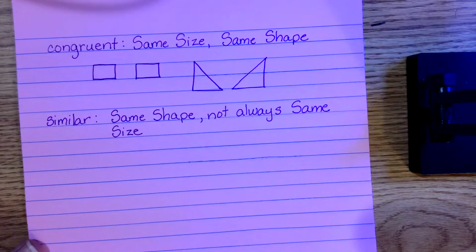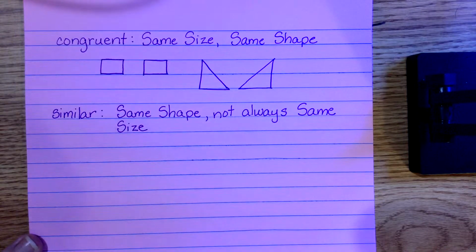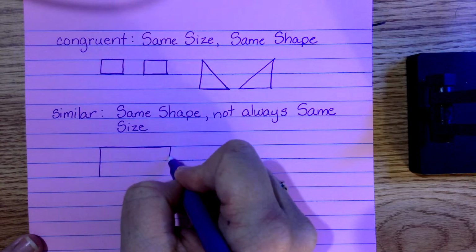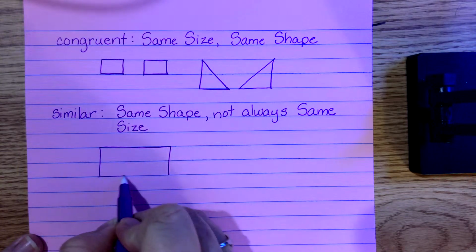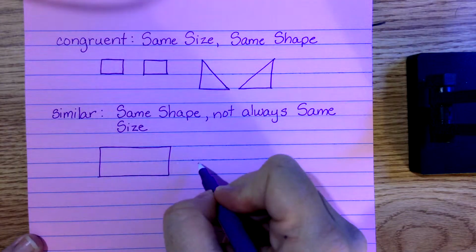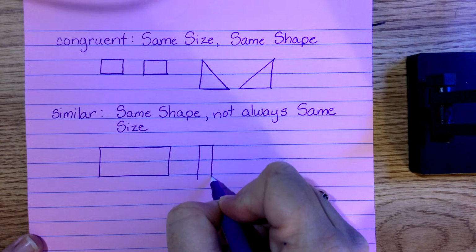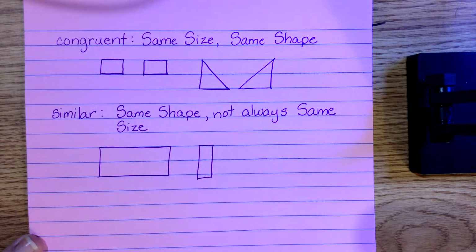And again, they can be flipped or turned or whatever, so let's pretend like I have a rectangle here. I'm going to give you a rectangle here. They're both rectangles, but they are not the same size.